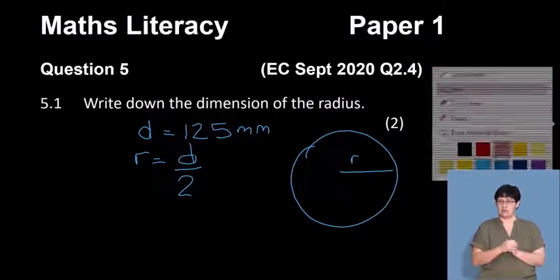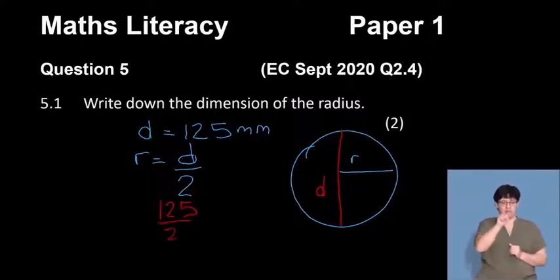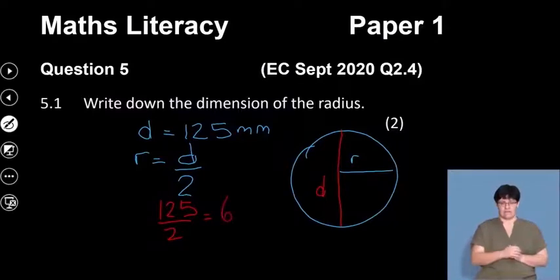From the outside through the center to the outside is a diameter. Not exactly in the center, but that's the theory. So my 125 divided by 2, I'll do that on my calculator. I've got 125 divided by 2 gives me 62.5 millimeters.